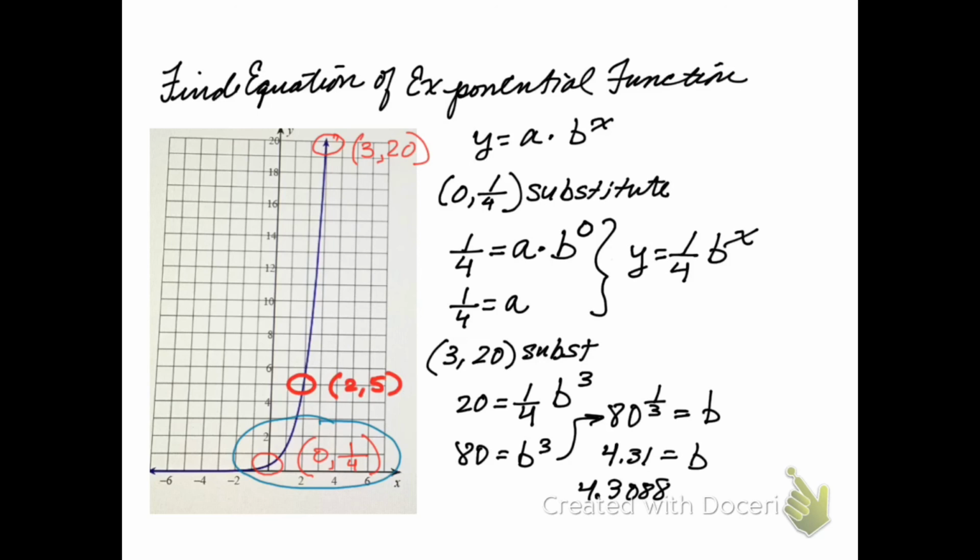Then I'm going to combine everything that I've done into my equation, and that is going to be y equals a, which is 1/4, times b, which is 4.31, to the x power. And that is finding the equation of an exponential function from a given graph.